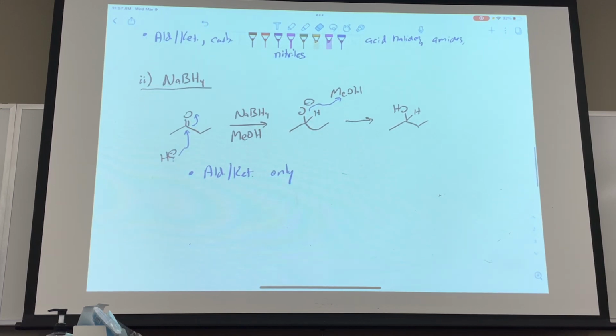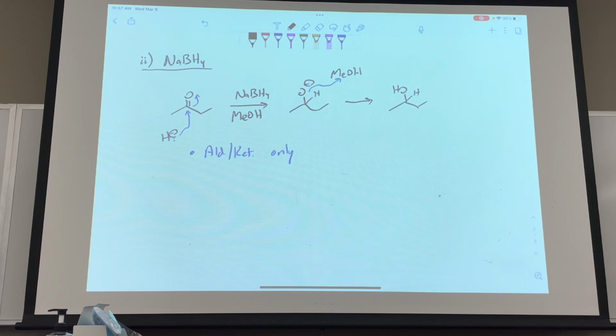All right, so we have seen other styles of reducing the aldehyde and ketone. Think back to Unit 1, one of the reactions you learned was the Clemmensen reduction.